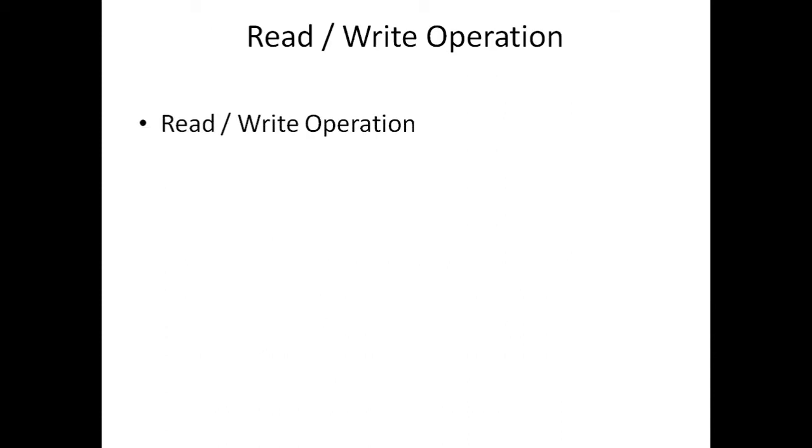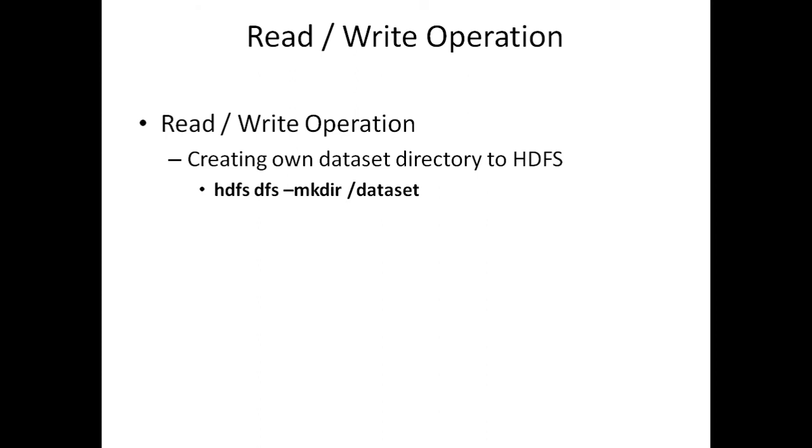For the read-write operation, first we are going to create a directory to put our files. So how to create a directory? We are going to use this Linux command, and we are going to create the dataset directory over a single slash, meaning over the root of HDFS. We have to check if the directory is created there over the root.